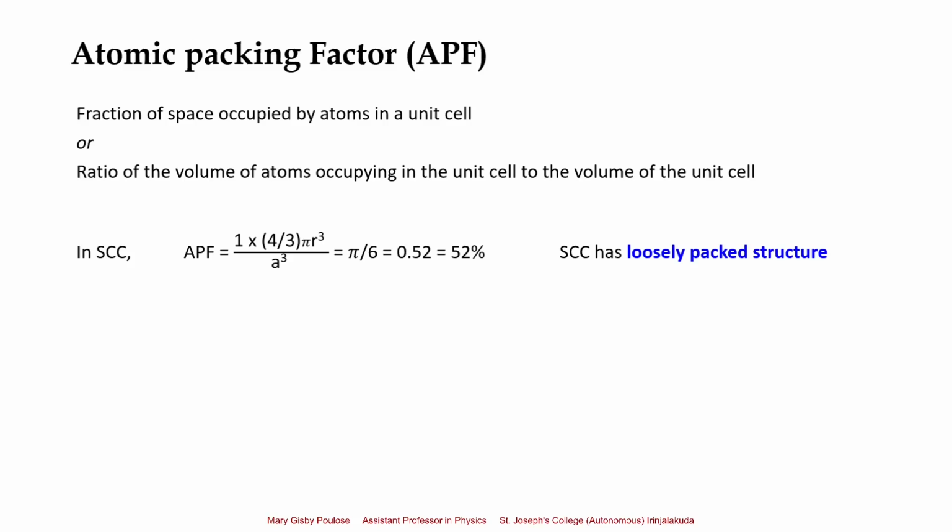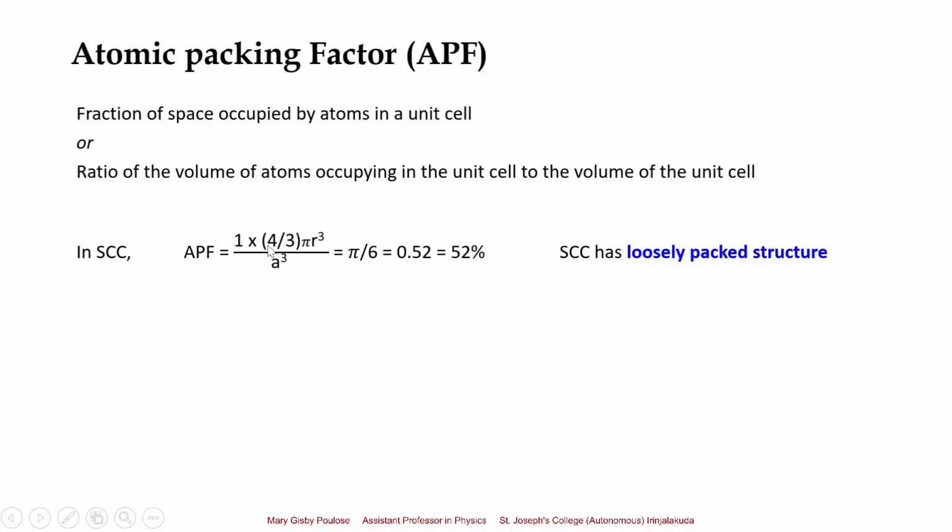In the simple cubic unit cell, the atomic packing factor is the ratio of the volume of atoms in the unit cell to the volume of the unit cell. In the unit cell, the number of atoms is 1, and the atom has a spherical shape, hence 4/3 pi r cube.